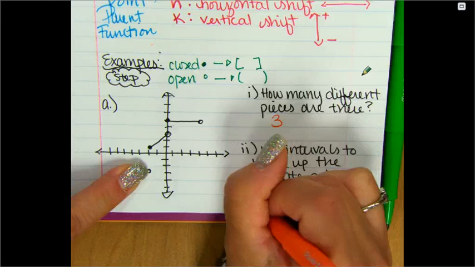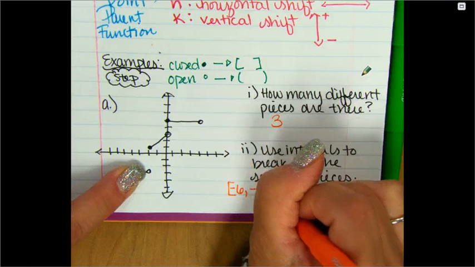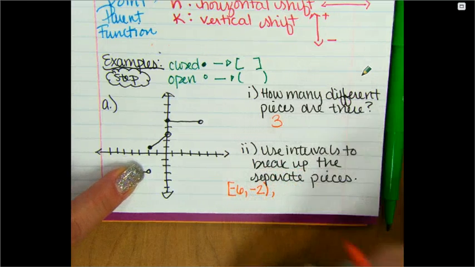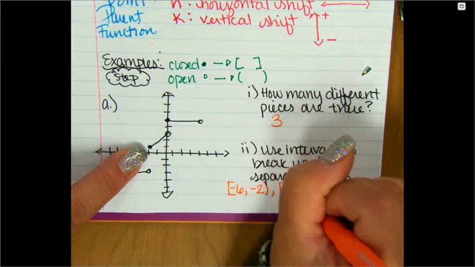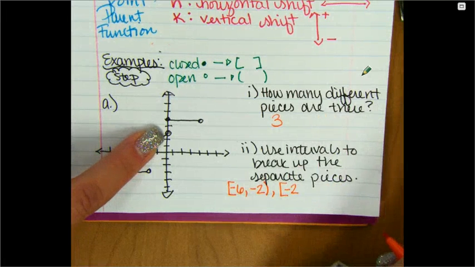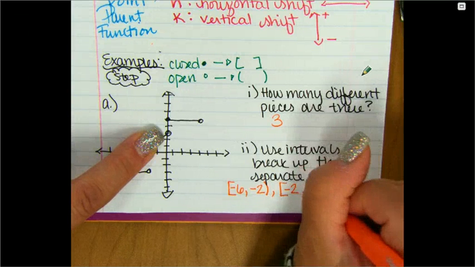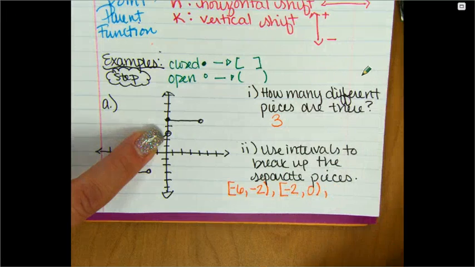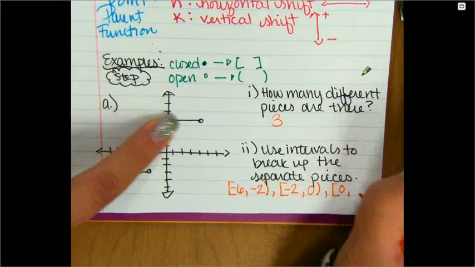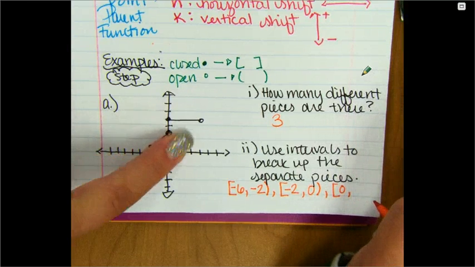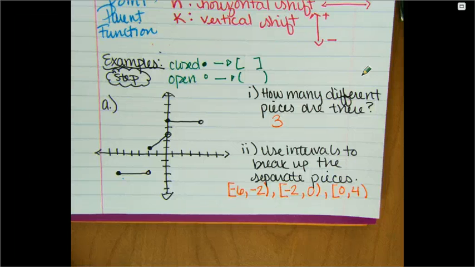So what number is this? Negative 2. Parenthesis or bracket? Parenthesis. Now jump up to the next step. What's this number here? Negative 2. Bracket or parenthesis? Bracket. Up to what number is this? X values, guys. 0, very good. Bracket or parenthesis? Parenthesis. Next number is what? 0, 2. 4. That's it.